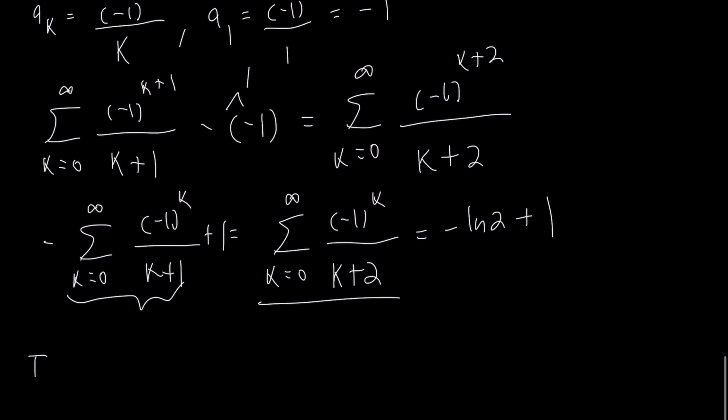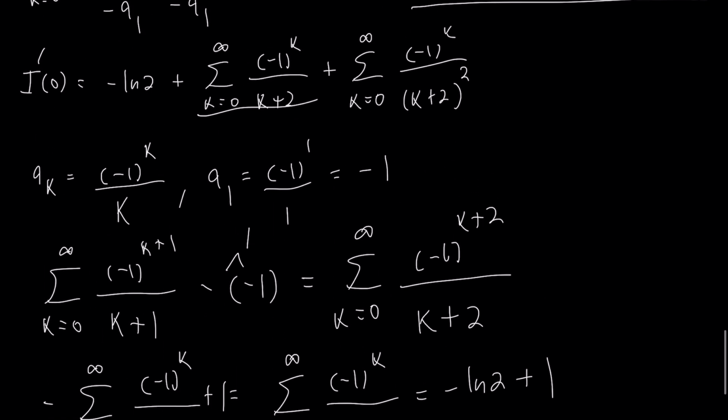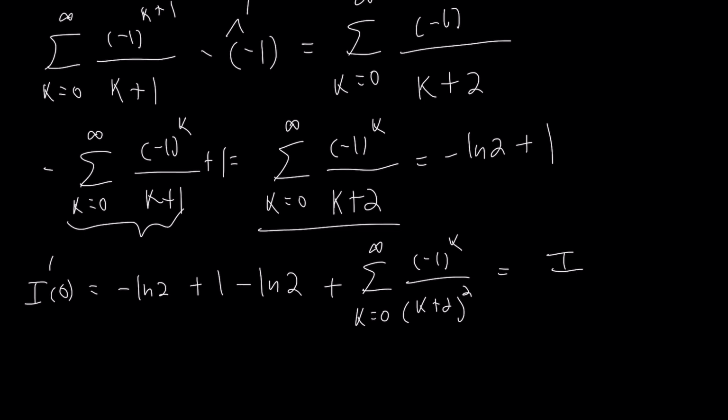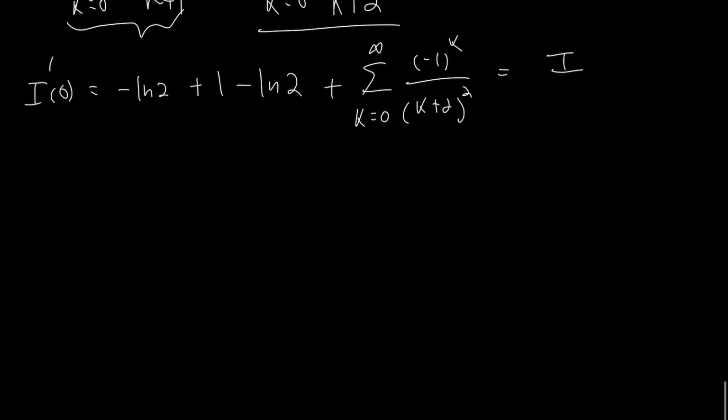So that means that we have I prime of 0 is -log 2, and then plus 1 minus log 2, and then plus the sum from 0 to infinity of -1 to the k divided by k plus 2 quantity squared, is equal to our integral, because we said I prime of 0 is the original integral.